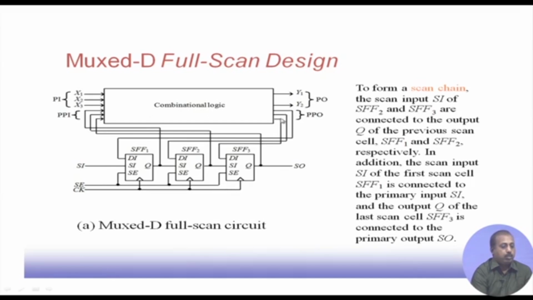Then in the next cycle it is captured onto this scan chain, and in the next few shift cycles the content of these scan cells will be shifted out to SO. So, naturally that PPO also becomes observable. That way the ATPG for this combinational logic becomes simpler by introducing this scan chain.